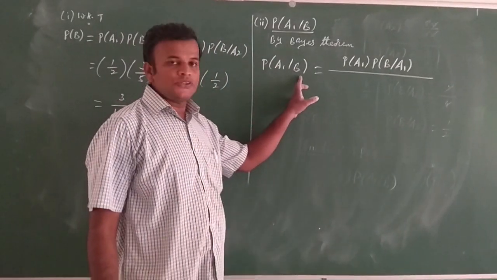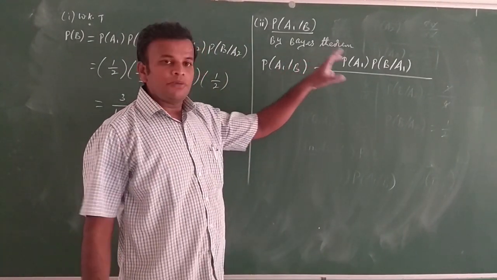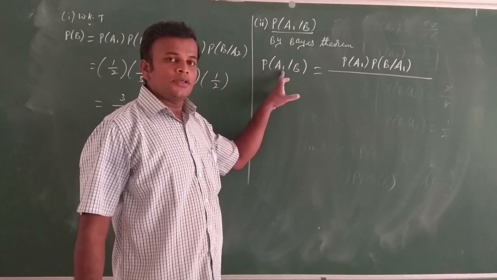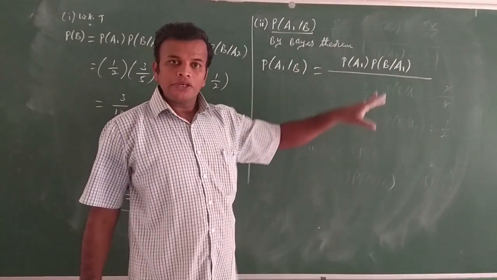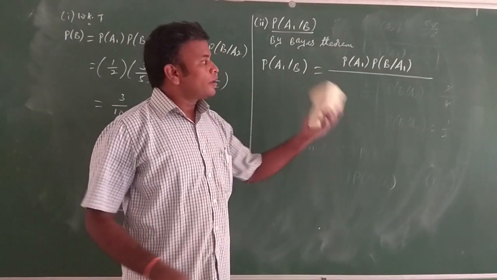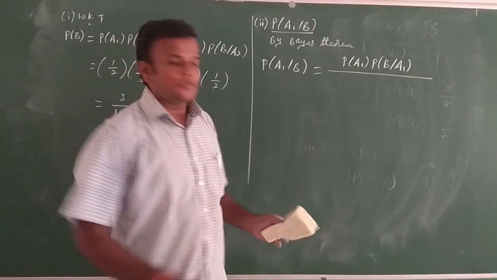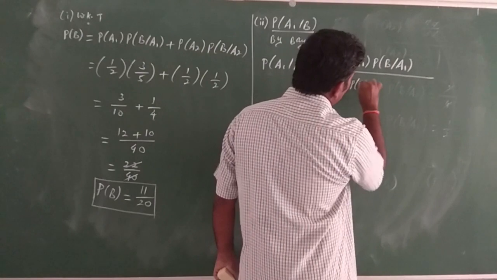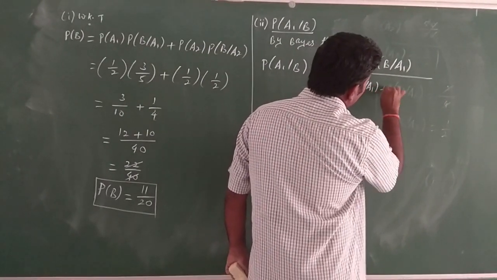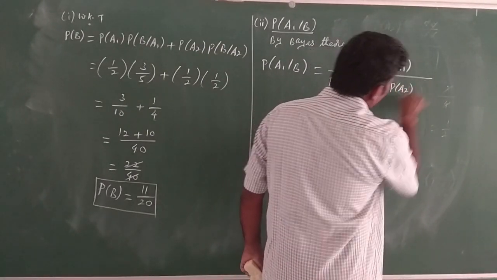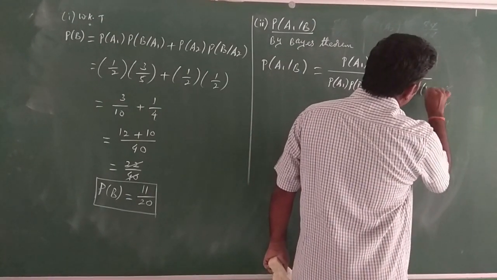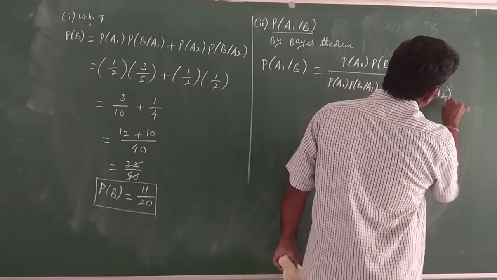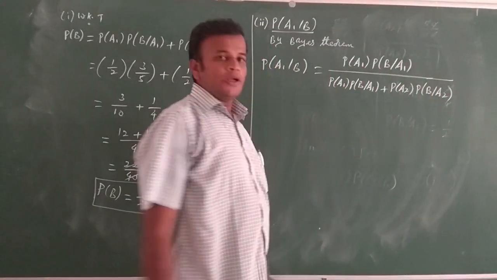So A1 by B is P of A1 into P of B by A1, divided by the total probability of the event: P of A1 into P of B by A1 plus P of A2 into P of B by A2. It is the total probability of the event.